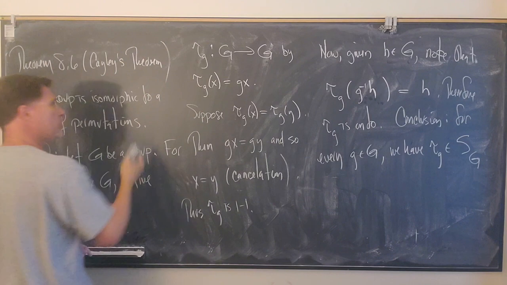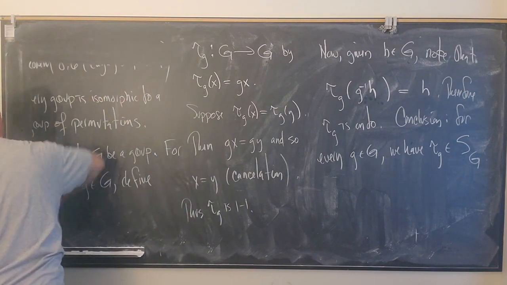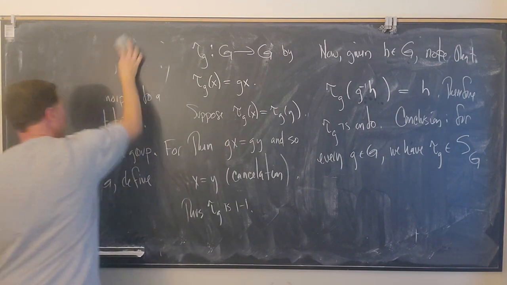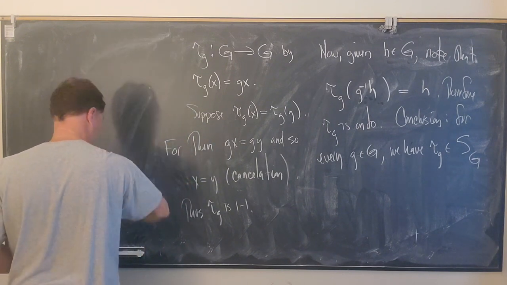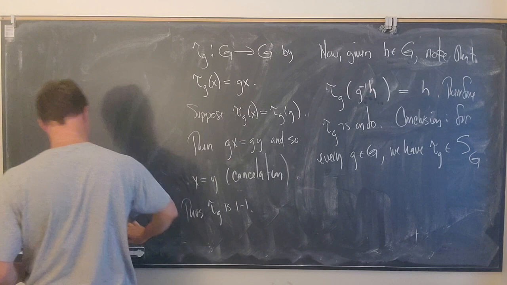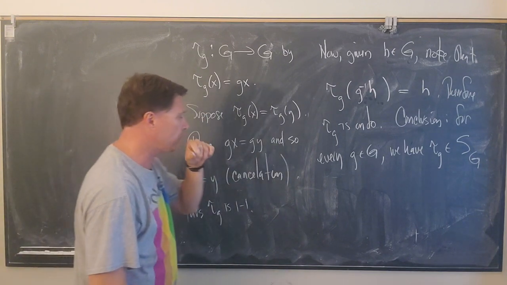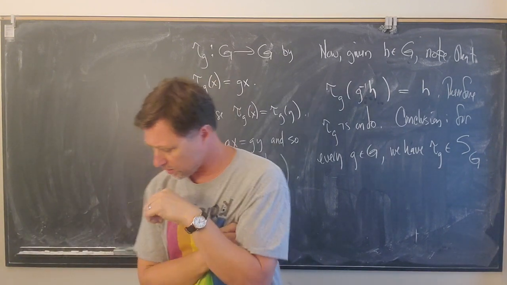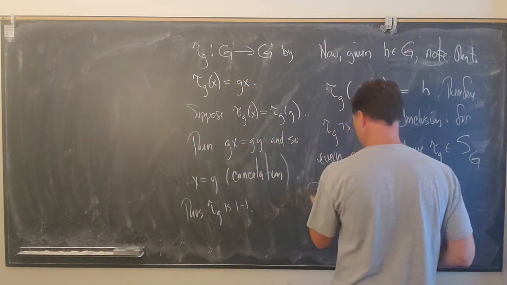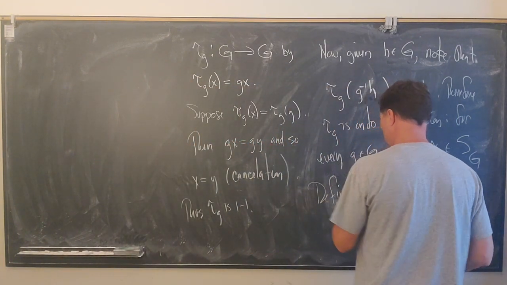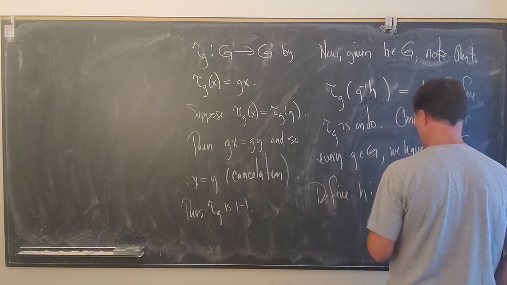Okay, now what do I want to do? Well, I'm trying to produce a group of permutations that is isomorphic to capital G. All right, so that's where we're headed. And so, let's see, what do I need next? Yeah, let's define a function h.